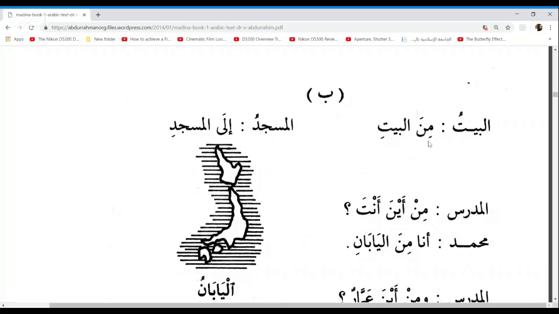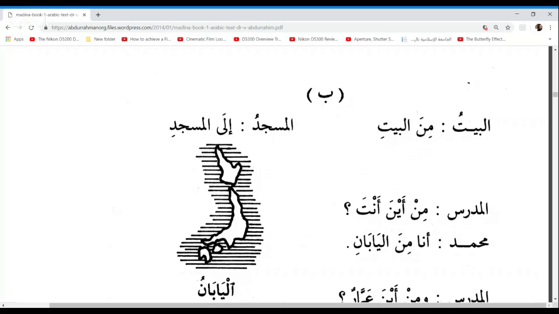And we said min comes with a sukoon above the noon. We say min. However, if it's followed by alif lam, we then replace the sukoon with an alif to make it easier to pronounce. So we don't say min al-bayti, we say min al-bayti, like you can see in the book there.